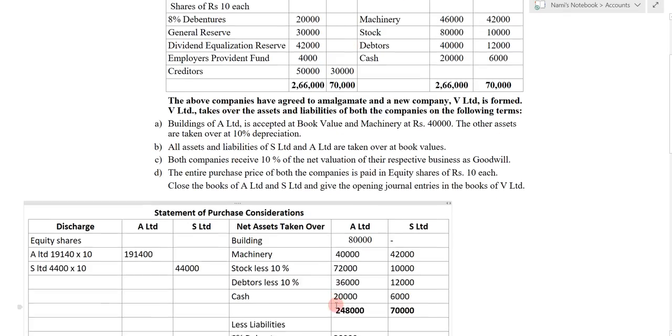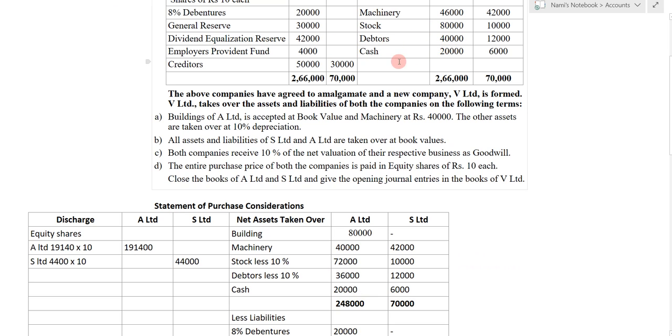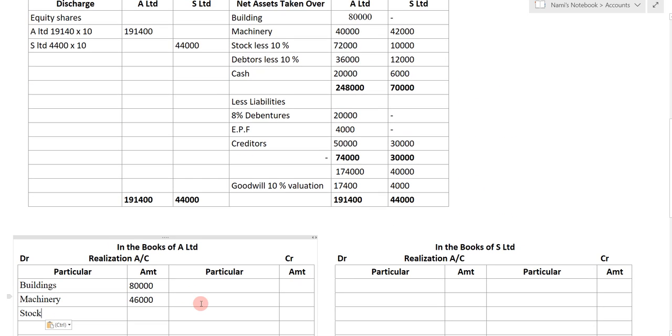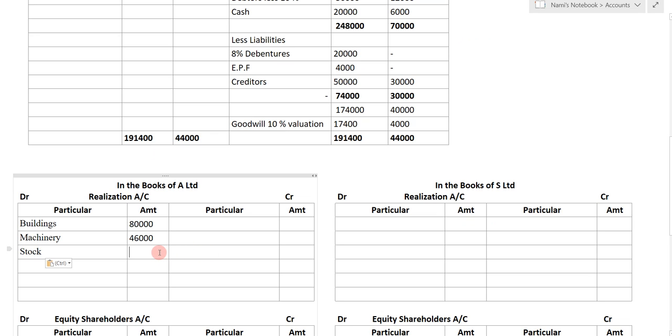So stock is 80,000, debtors 40,000 and cash 20,000.